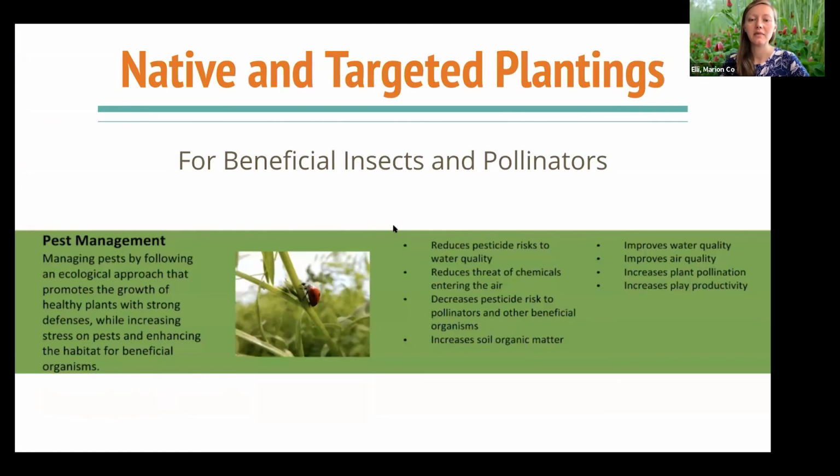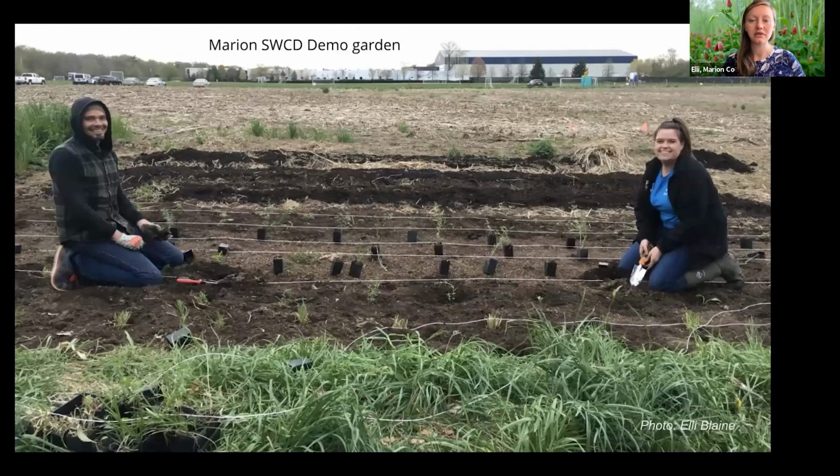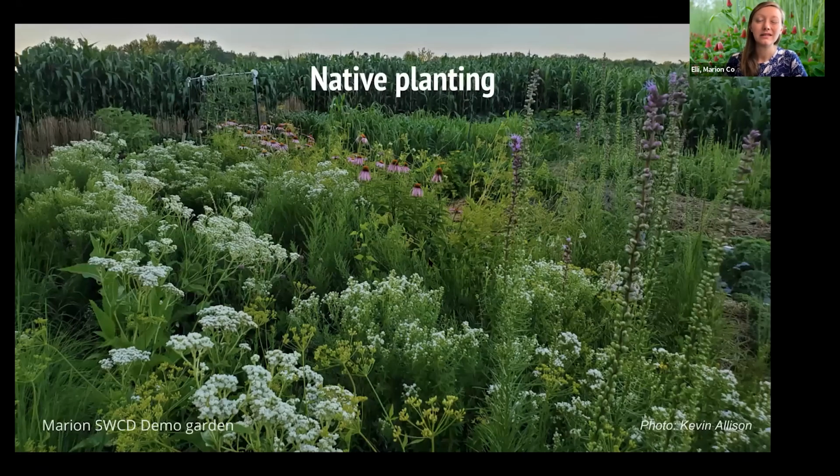And a way that we can help support bringing in beneficial insects is through native and targeted plantings. So just a quick example from Marion County's demo garden that I've showed before. Three years ago, I believe, these were planted, and you can see how small these native plants were when they were established. And then two years later, I believe this photo was taken.